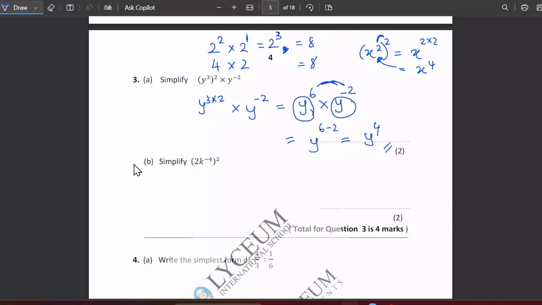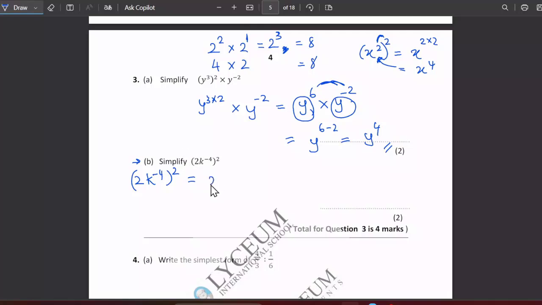Okay. Now simplify 2 times k to the power minus 4, all squared. When we have a power of a power and two terms multiplied inside a bracket, this power goes to all the terms.